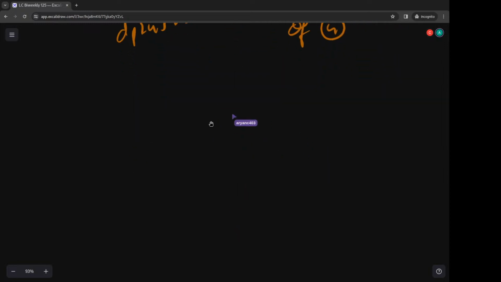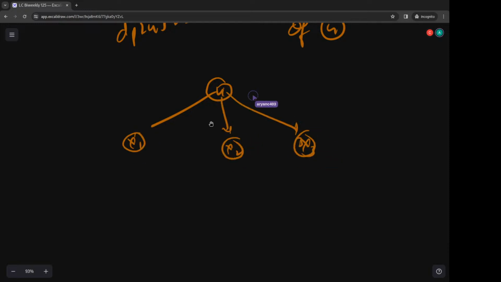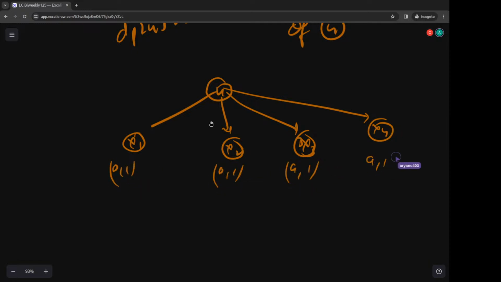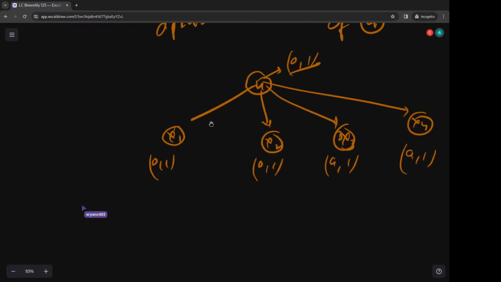If we want to find dp u 1, we can count over here, 0 comma 1 for each child, and either we flip this node or we do not flip this node. So we can maintain a running sum starting from here.